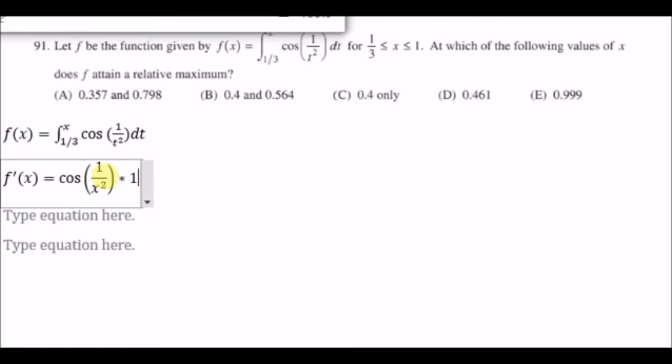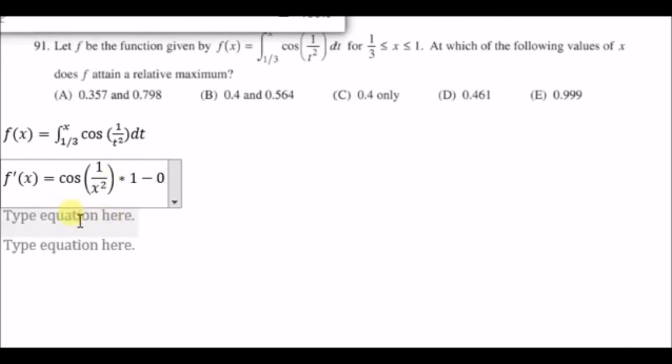And you notice that we leave out the second boundary. That's because the antiderivative of a constant is also a constant, and so when you take the derivative of a constant, it's equal to 0, so we can write that in if you like. There we go, just to be complete. So that's what we're left with here. And now we take out our calculator and we say, okay, we want to know the zeros of f prime of x.